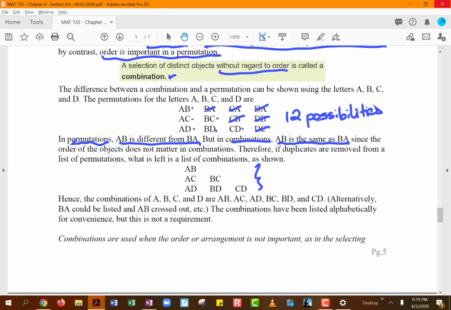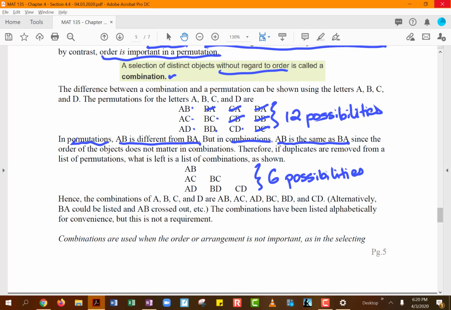Okay, so they are saying once the duplicates are removed, what you are left with are these combinations. And again, as you can see, they went down by half. You had 12 possibilities for the permutations, but now you only have 6 possibilities in the combinations.